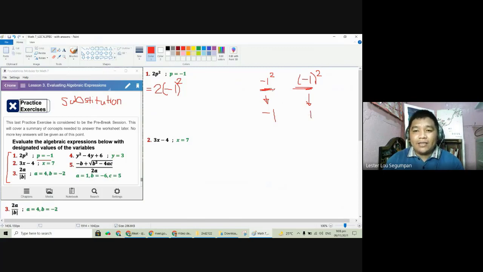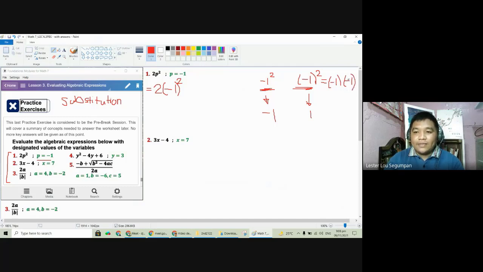Because some calculators will treat the expression by squaring first before applying the negative sign. That's the problem for some calculators. So it is more appropriate to have parentheses, just like in the second form, because it means that we are squaring the whole value, which is -1, not just 1, but including the negative sign.